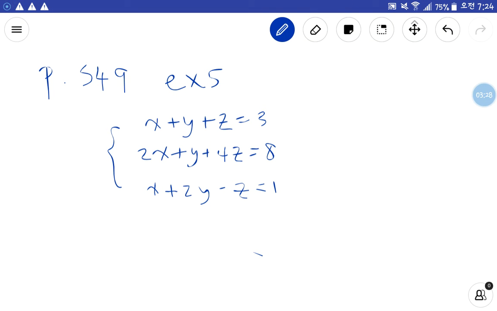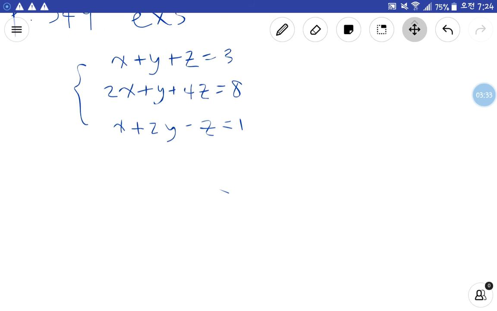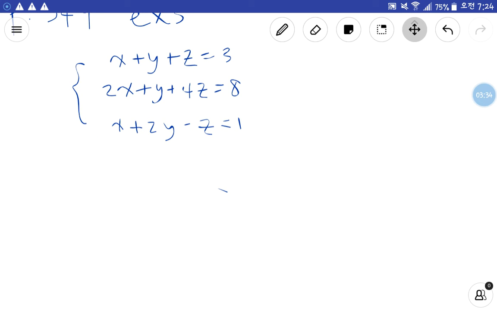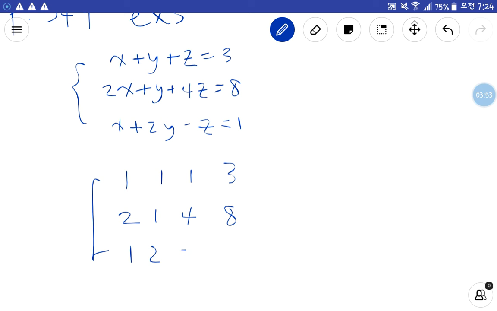For now, we're going to make a row echelon form, which is 1 1 1 3, 2 1 4 8, 1 2 negative 1 1.